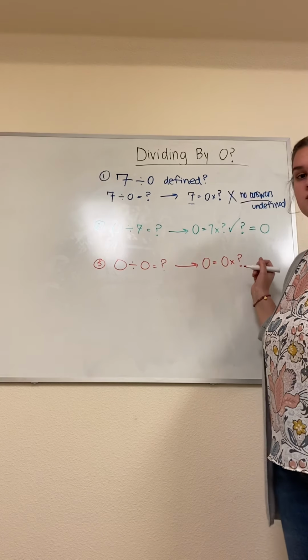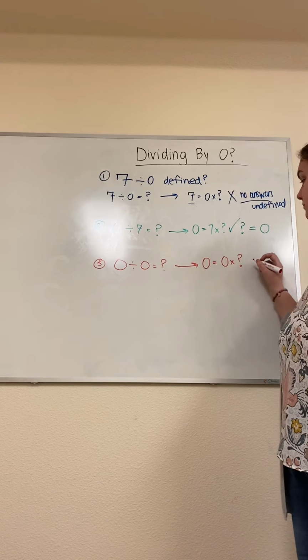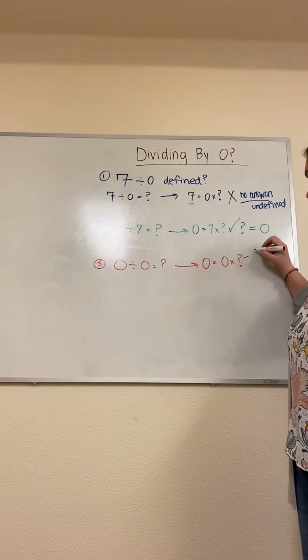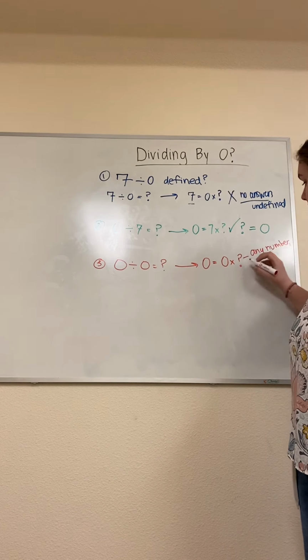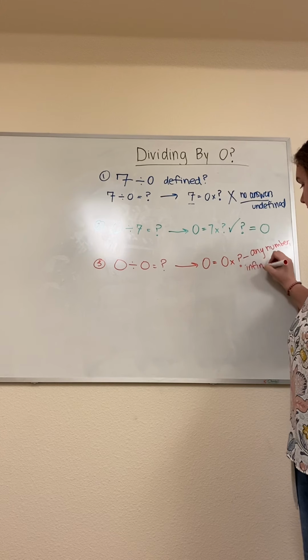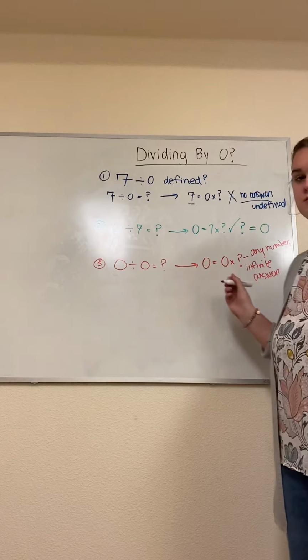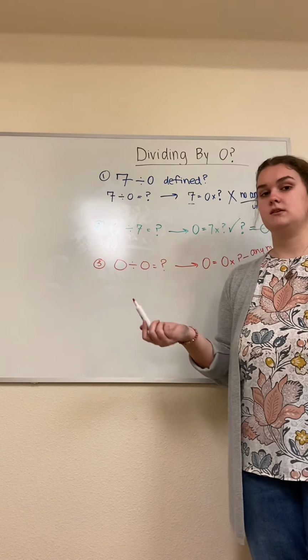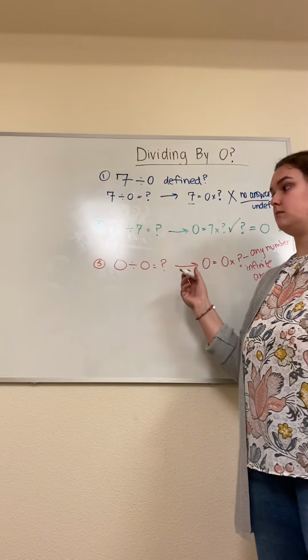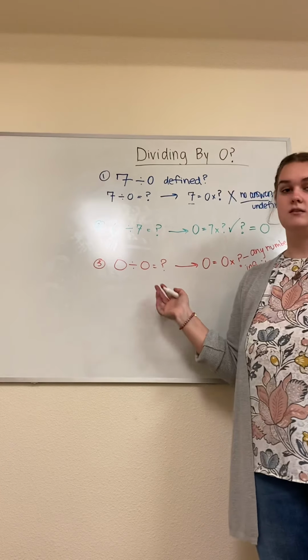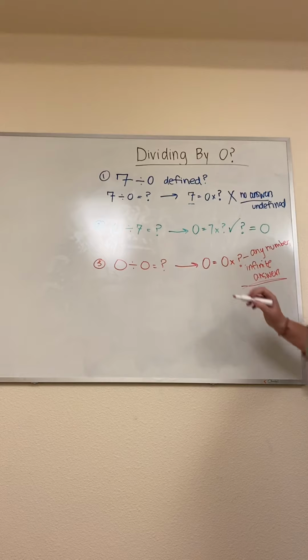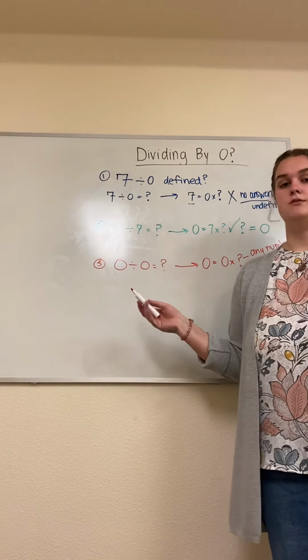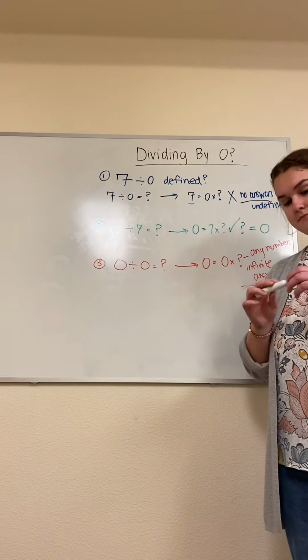This question mark could be any number, which means this has infinite answers, which means it's not defined, because like I said before, when a problem is defined, there's only one solution. And this has too many solutions to even count. So that means that's undefined as well.